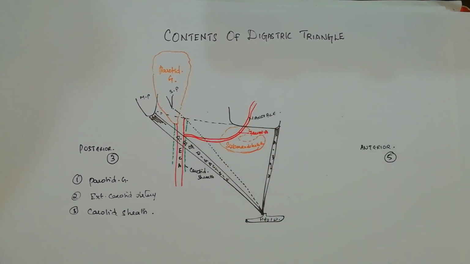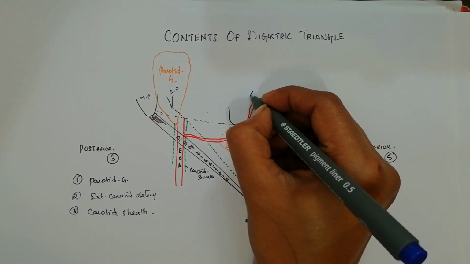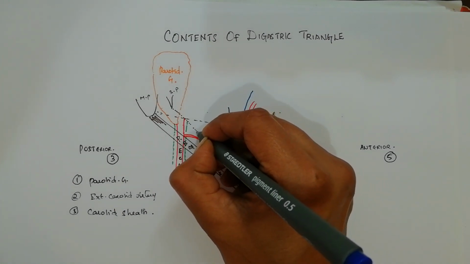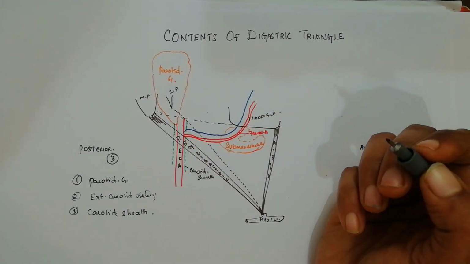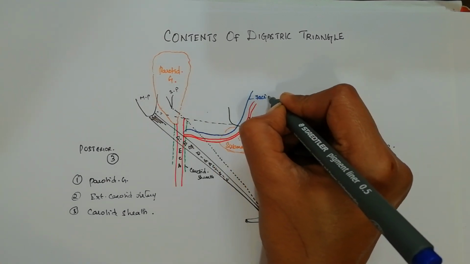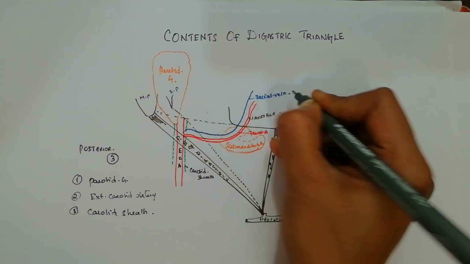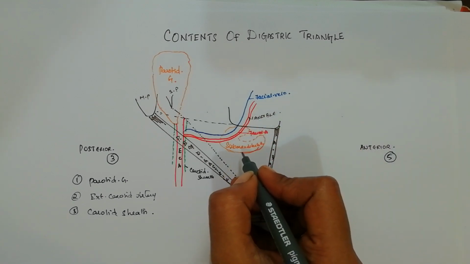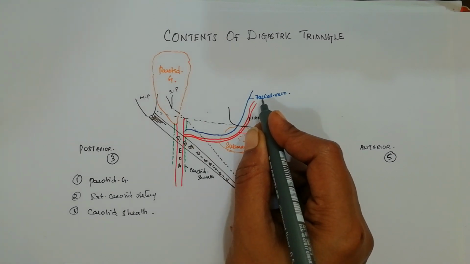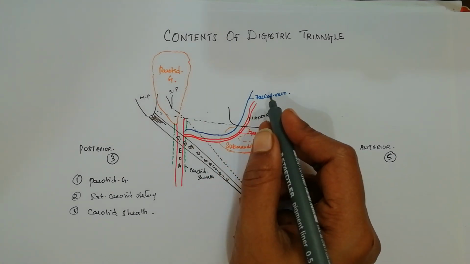Then we have got a vein coming from the face which is going to pass over here. So the facial vein is also going to come towards the digastric triangle. So we have got 3 structures: one gland, the submandibular gland, and then the facial artery, and the vein which we have is the facial vein.